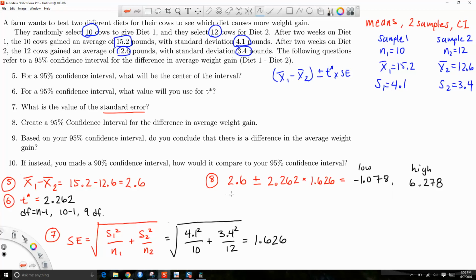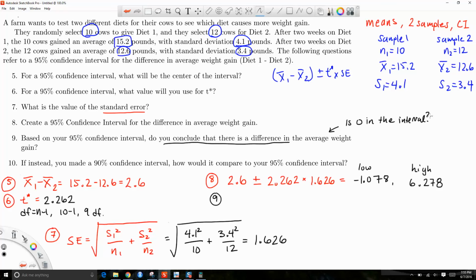Okay, and then number 9 is asking, do you conclude that there is a difference in the average weight gain? Okay, so how do we make this decision? We want to know, is 0 inside the interval? Yes. Okay, so 0 is inside the interval, and so that means what?